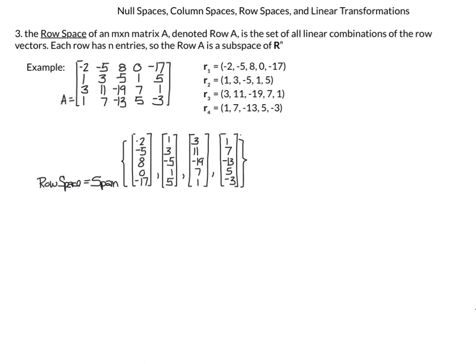Now my row space is equal to the span of these four vectors, which are the row vectors here: 2, -5, 8, 0, -17, 1, 3, -5, 1, 5, 3, 11, -19, 7, 1, and 1, 7, -13, 5, -3.